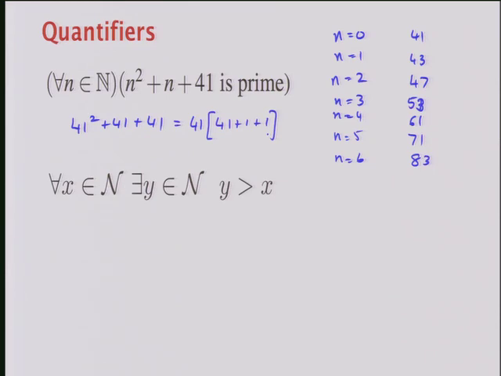Now, in terms of typeface, those n's down there are also the set of natural numbers. By the way, the natural numbers are 0, 1, 2, 3, and so on.